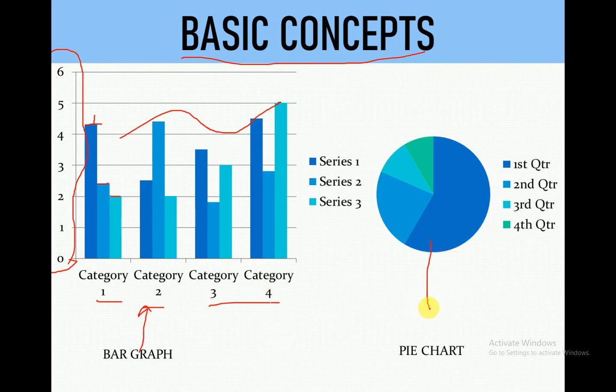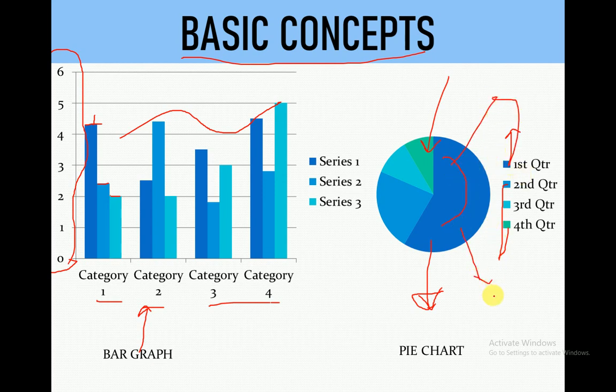Similarly, this is the pie chart. We are going to see what a pie chart is in detail in the next slide. This is how a pie chart looks. This area is covered deep blue, and subsequently these are all the color shades. This area represents the first quarter, and a value would be given to you.